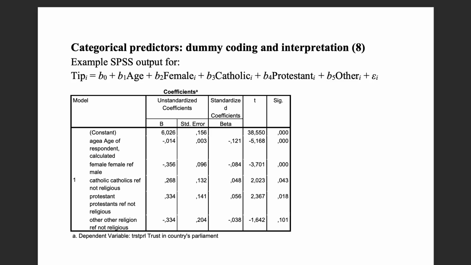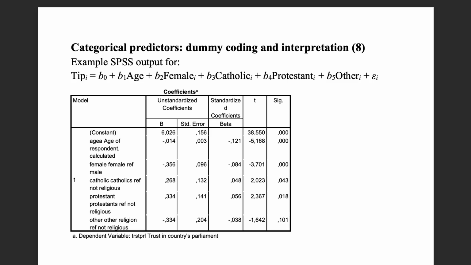Notice now our regression model is actually about 3 independent variables: age, gender, and religious denominations. But in reality, it actually includes 1, 2, 3, 4, 5 different variables and coefficients, because we have one variable for age, so we get one coefficient for age because we treat that as a continuous variable.